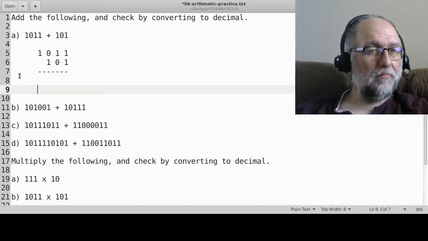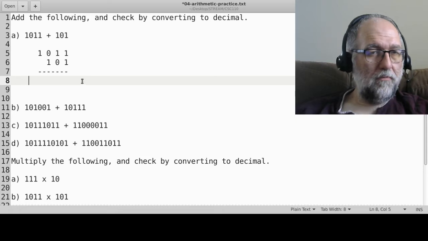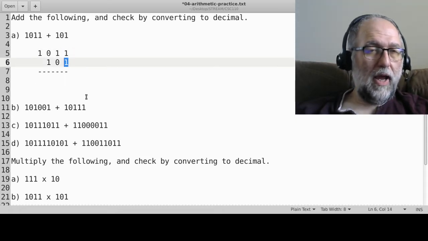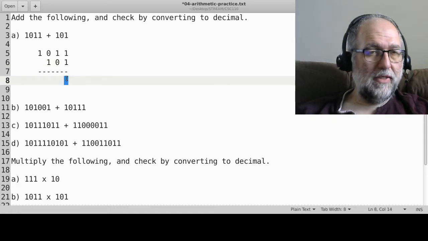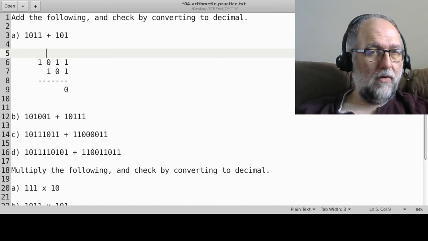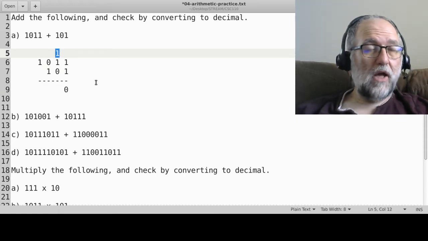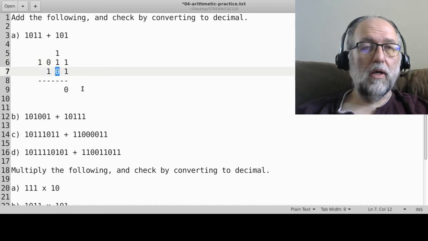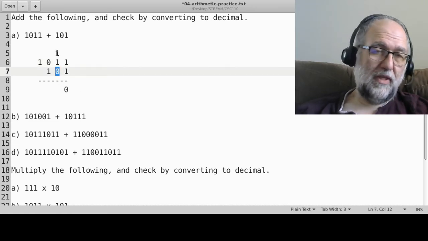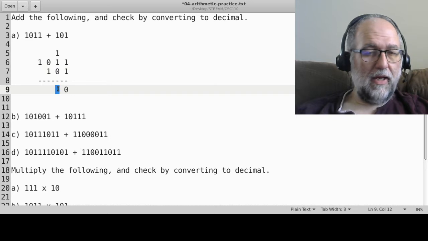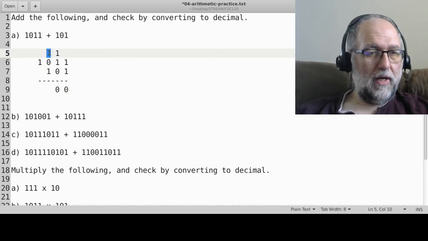Start with the ones column. 1 plus 1 in binary is 0 carry 1, and I'll put the carries up here. 1 plus 1 is 0 carry 1. In the twos column, we go 1 plus 1 plus 0, which is the same as 1 plus 1, once again 0 carry 1.